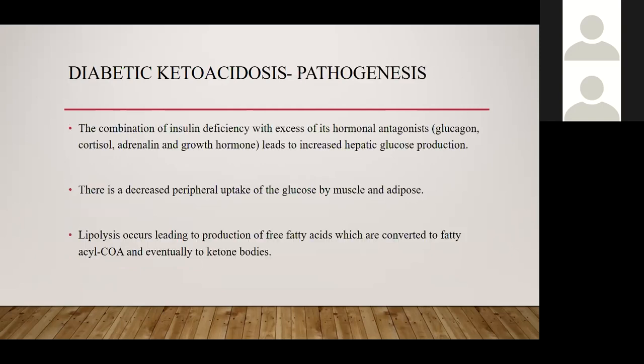Let's look at the actual pathogenesis or the actual reason behind this DKA. Once we are looking at DKA, as the name suggests, we are saying ketoacidosis. So it tells you that the system is going to become acidic, or you're going to have an acidotic state. And this acidotic state is going to be secondary to ketones, as you can see, ketoacidosis. So that's where the name comes from.